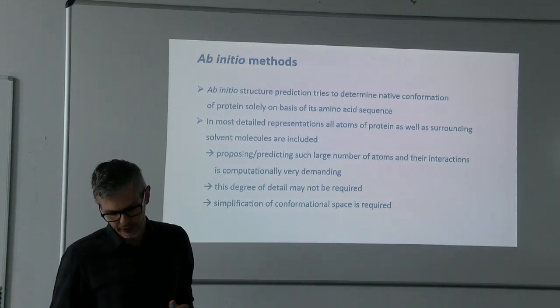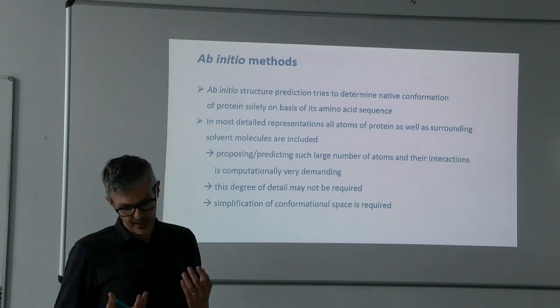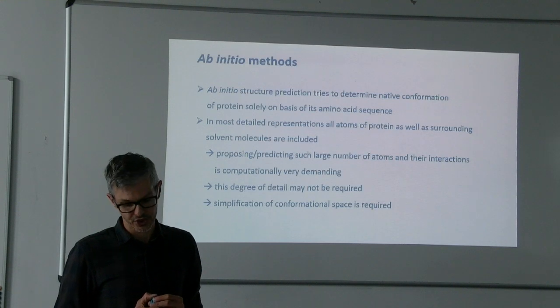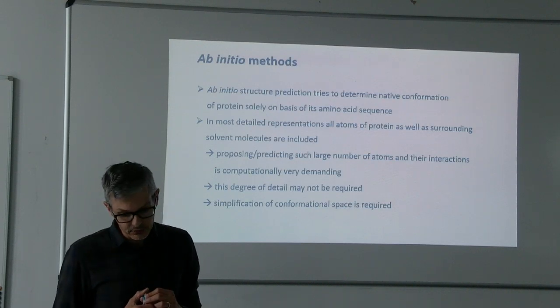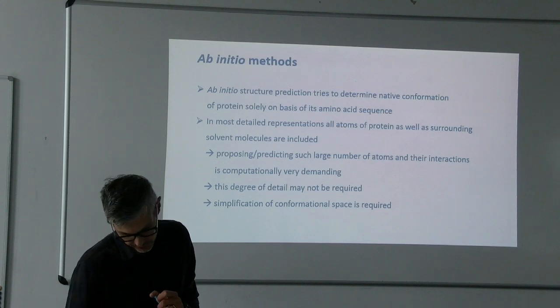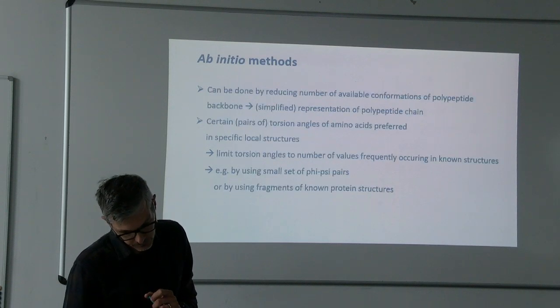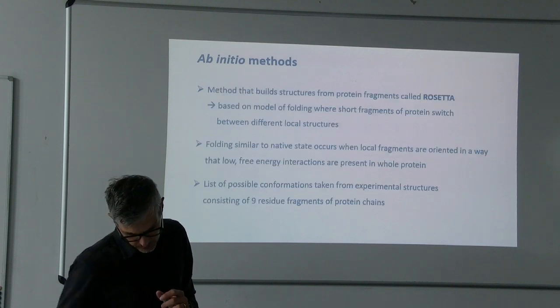So if the other 2 fail, you can't use another experimentally determined structure as a template to make a homology model, you can't predict the fold with fold recognition, then you have to use ab initio or de novo structure prediction. And this is of course the most difficult one.